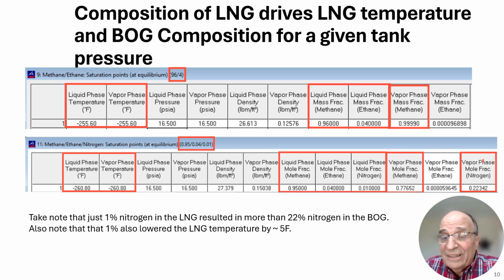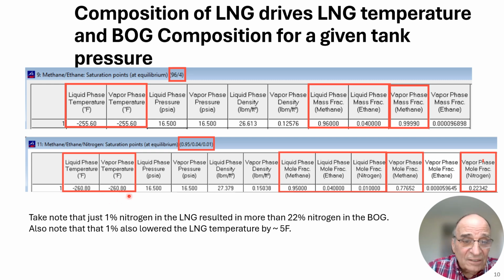So now what dominated is the nitrogen, certainly preferentially boiled off, but because there's only 1% nitrogen in liquid state, we're getting 22% nitrogen in the vapor state. Methane, we have 95% methane in the liquid state and almost 78% in the vapor state. What happened to the temperature? Well, remember this nitrogen is only 1% in the liquid state, shown here, and 22% in the vapor state, but it's highly volatile and it's much colder than methane.